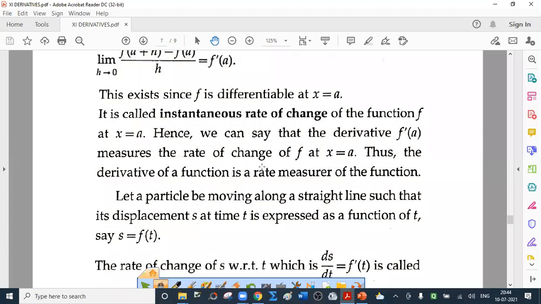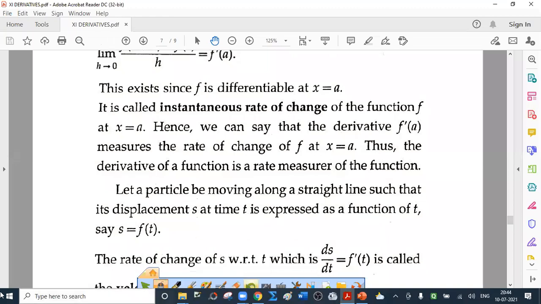See, why the derivative plays an important role in all fields, in fact in any study, not only science but commerce, arts, everywhere, for the simple reason that the derivative measures the rate of change. So the derivative of a function is a rate measurer of the function.